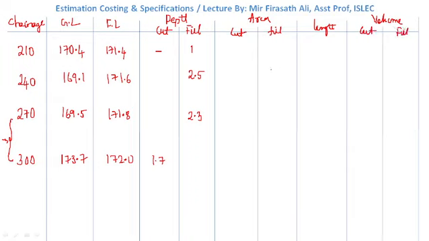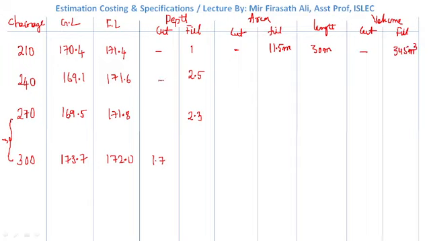Okay. So if we substitute that, we will get the area of cutting as 11.5 and the length is 30 meters. How much is it? 30 meters. And the volume in filling becomes how much? 345 meter cube.